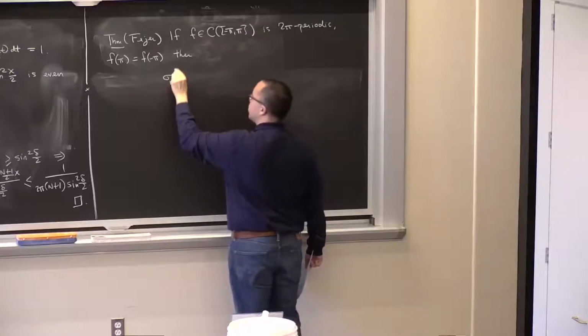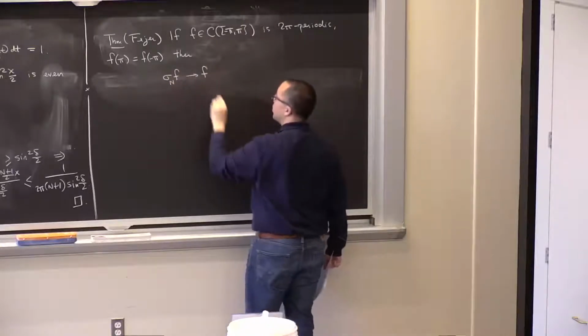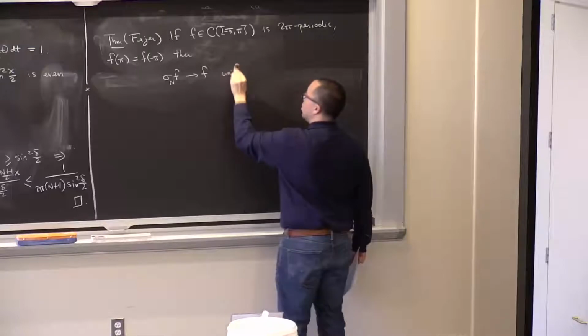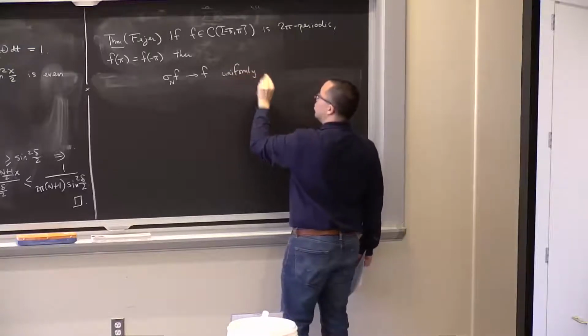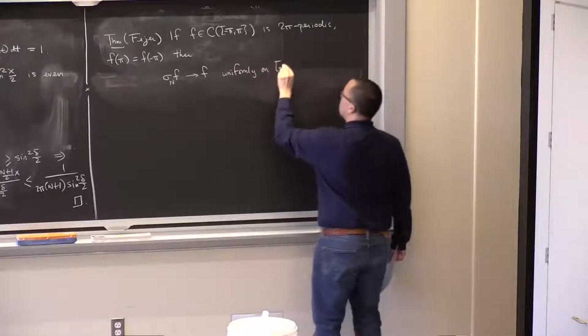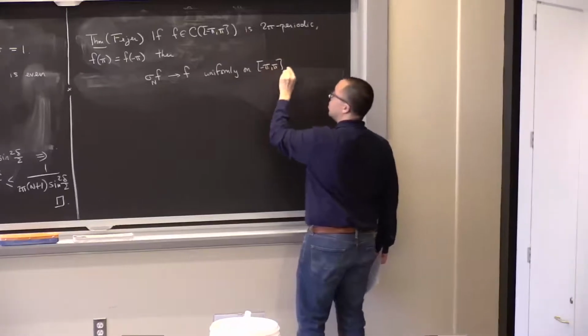Then sigma_n of f converges to f uniformly on minus pi to pi.